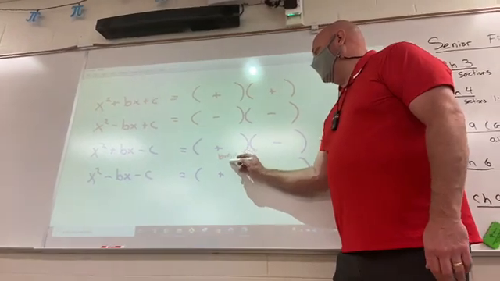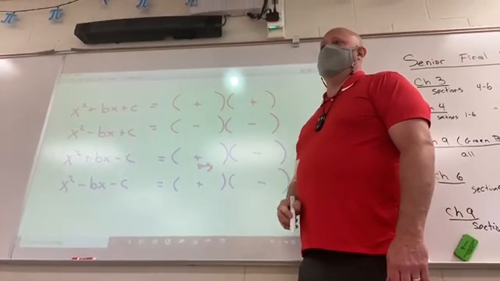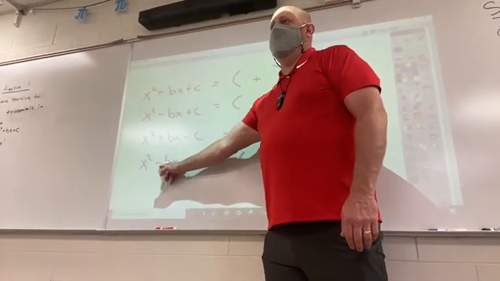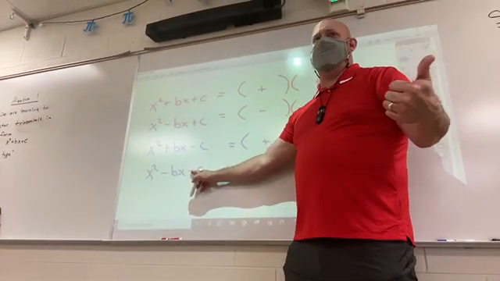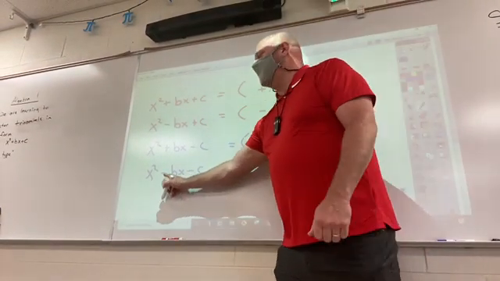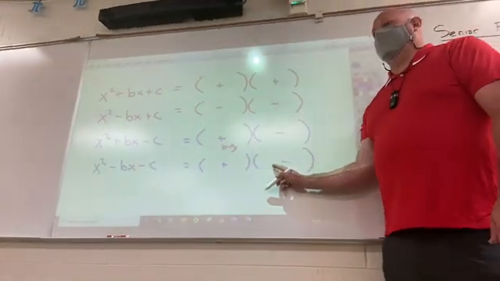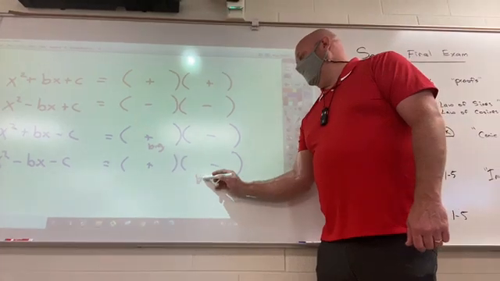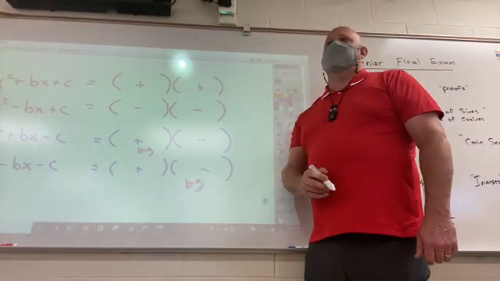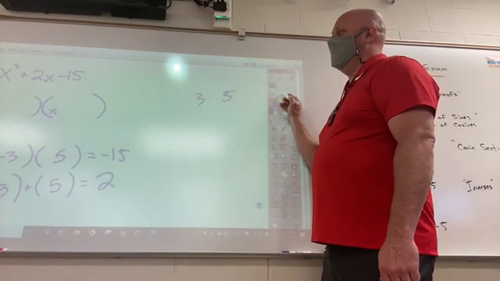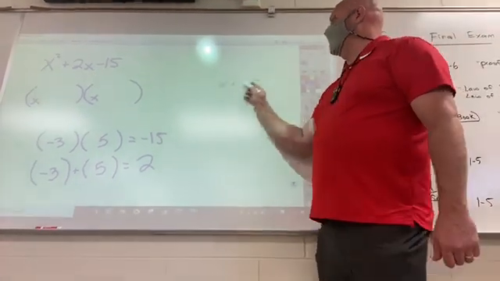The bigger number. If this is a negative and this is a negative, this negative means my signs have to be different. What does this negative mean? The bigger number is just going to have to be the negative value.